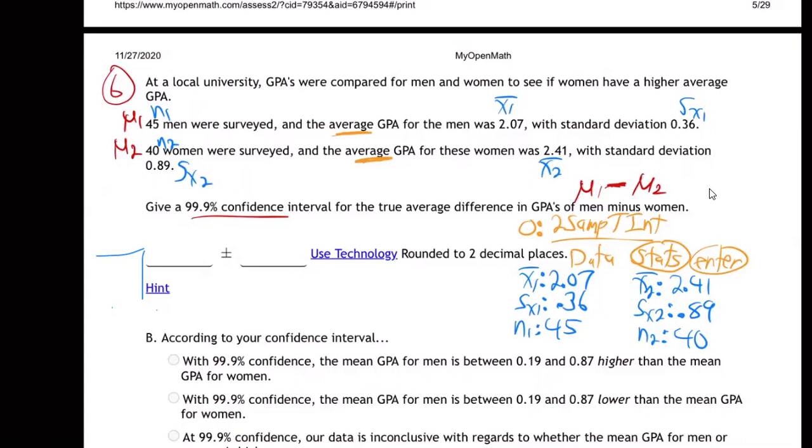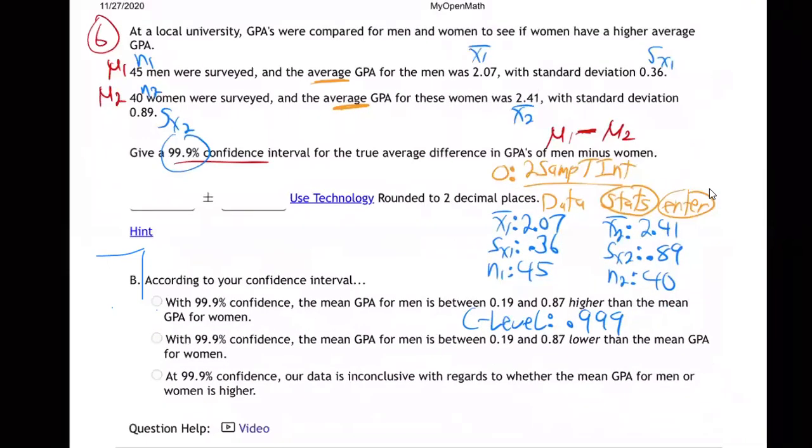And then the confidence level is 99.9, so that's 0.999, because you always move the decimal over two places. Pooled is always no. And then we calculate.